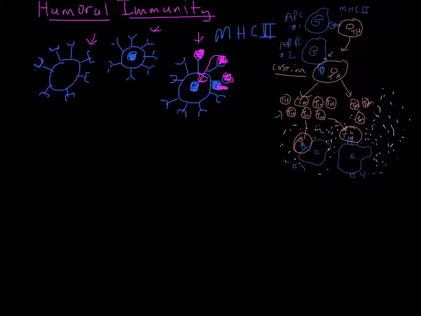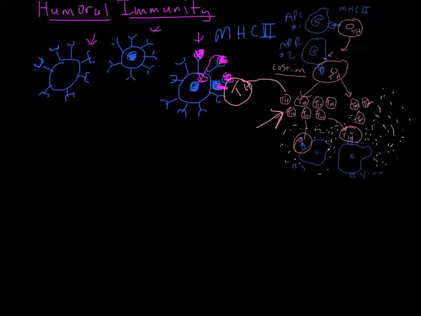And so these activated helper Ts, we're coming back over here again, are out looking for APCs displaying the specific antigen that they're able to identify. And so here comes this helper T over here, and sure enough, it's a match.